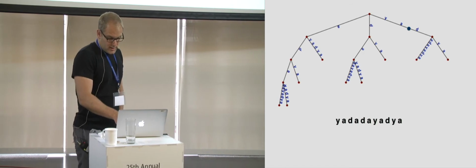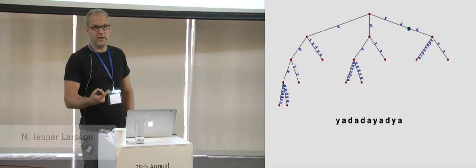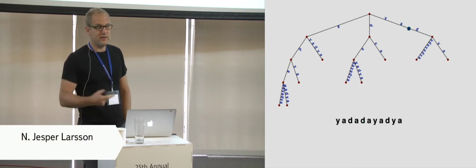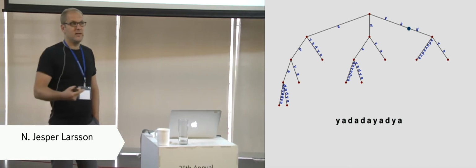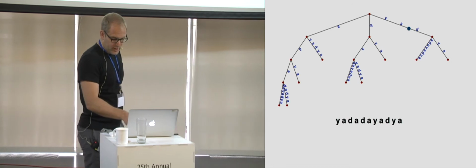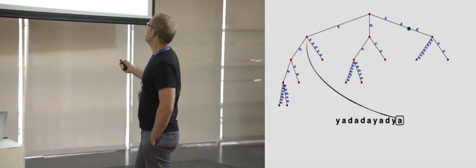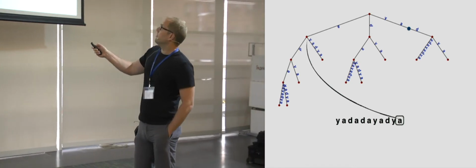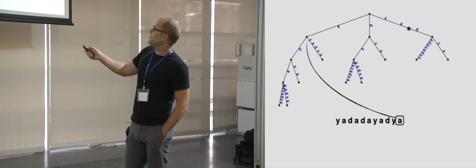So in many contexts, it's common to require that the final character of the string is unique, which makes it a one-to-one correspondence, where each suffix is also a leaf. But in this case, we're not requiring that. So, for instance, the suffix consisting of the single character A is at the end of this edge label, coinciding with this node.